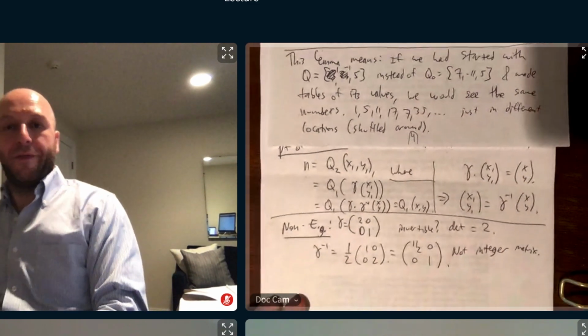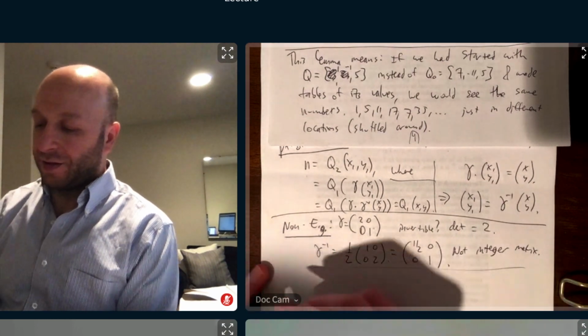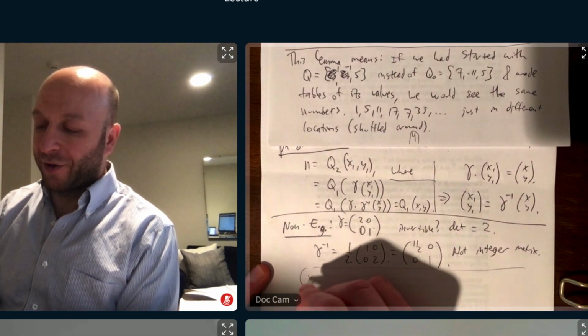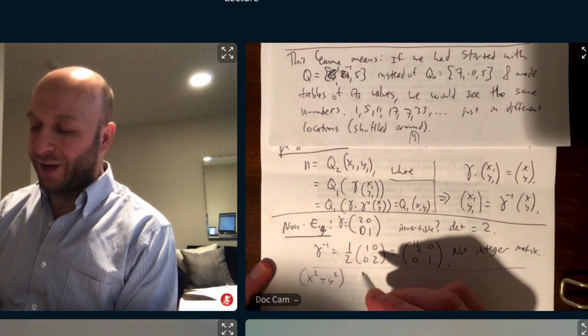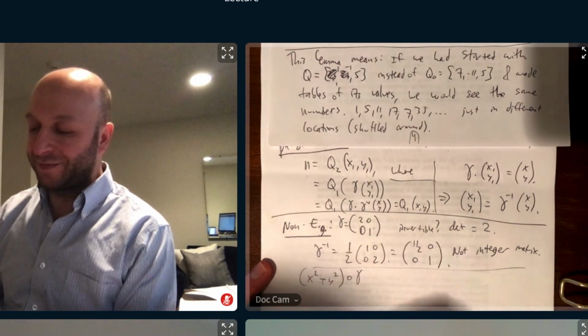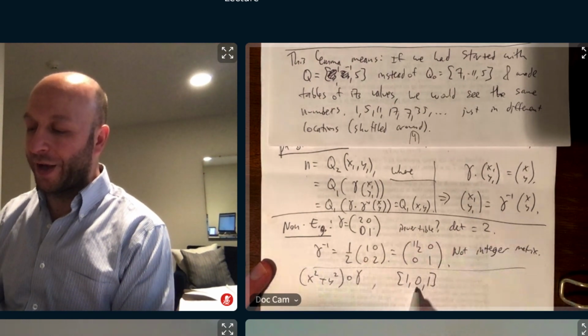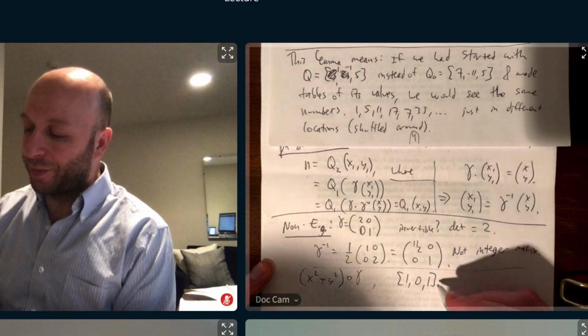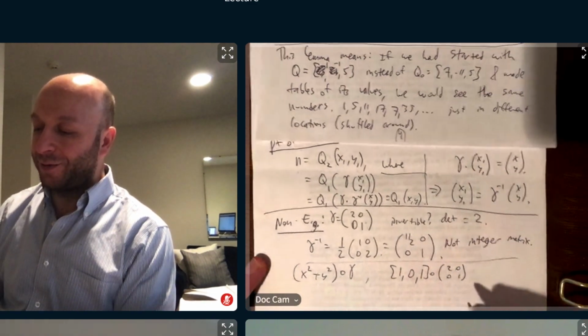So what effect does that have on quadratic forms? Well, if we take our favorite quadratic form, x squared plus y squared, and we compose it with gamma, in other words, take 1, 0, 1, x squared, no xy's, y squared, composed with 2, 0, 0, 1, what does that do?